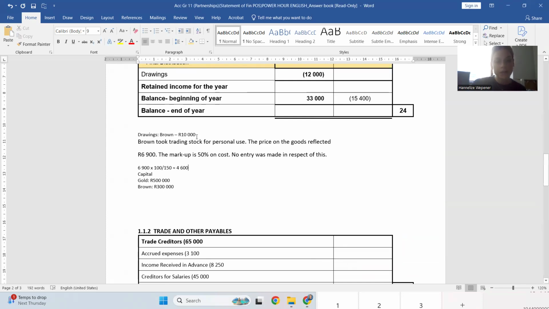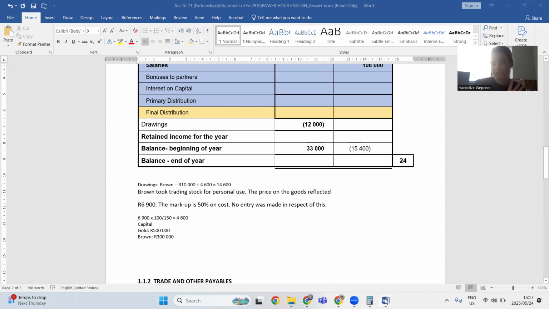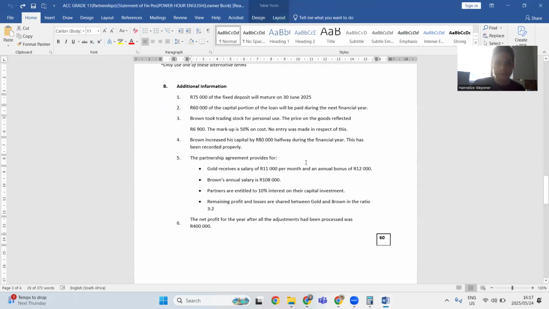So partner Brown no longer has drawings of 10,000 Rand only. She has drawings of 10,000 plus the 4,600. So in other words, 14,600. I'm for now just going to leave it as is, and not enter it into my note because I don't know if she had any other additional drawings.